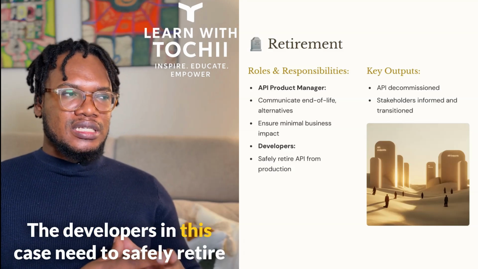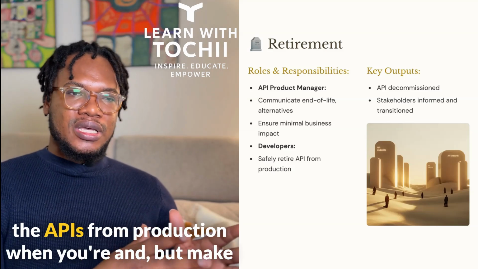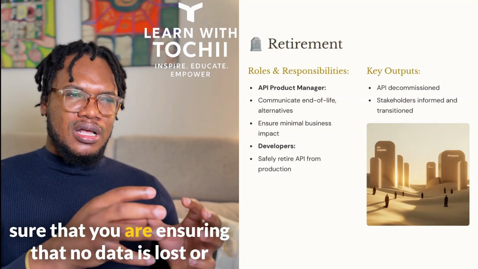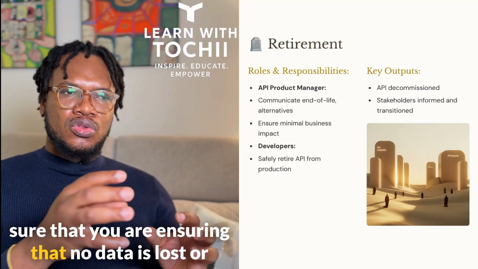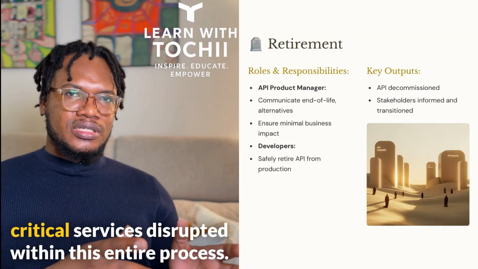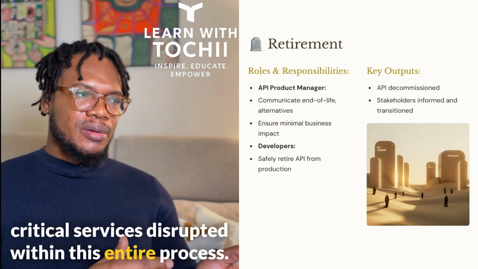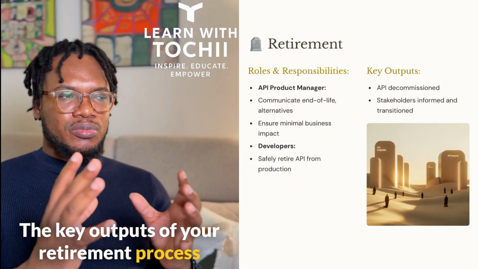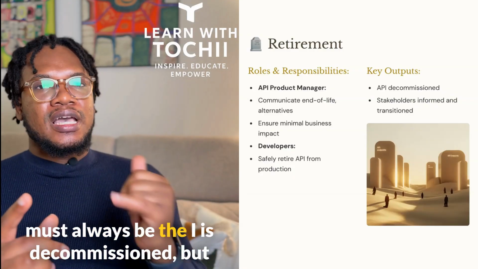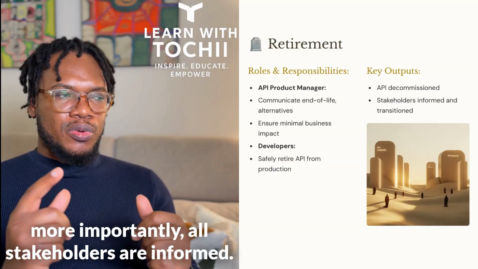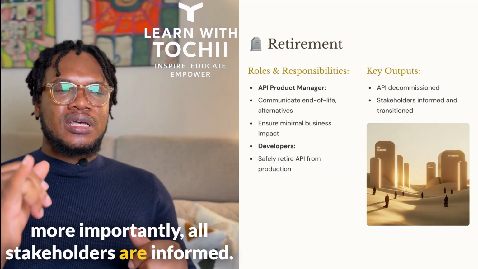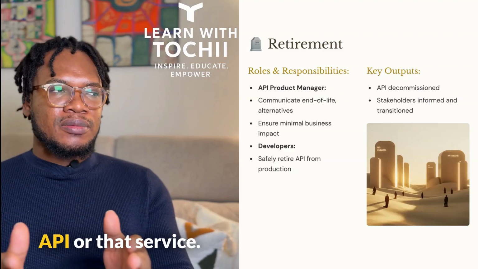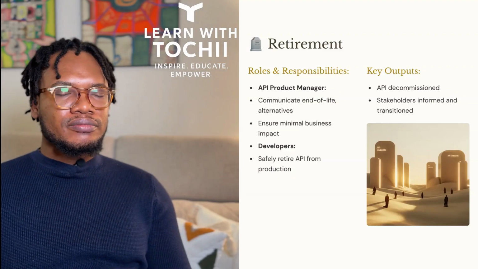The developers in this case need to safely retire the APIs from production, making sure that no data is lost or critical services disrupted within this entire process. The key outputs of your retirement process must always be that the API is decommissioned, but more importantly, that all stakeholders are informed and transitioned to alternatives of that API or service.